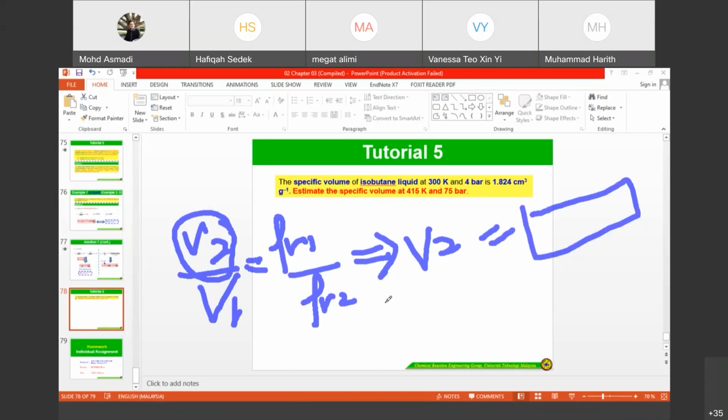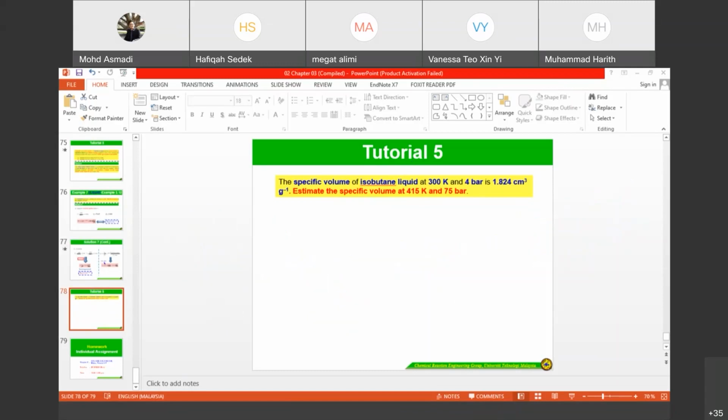Okay? Any questions about this tutorial number 5? I give you the steps and the direction, and you have to solve it and give me the answer. Any questions about how to determine rho R2?